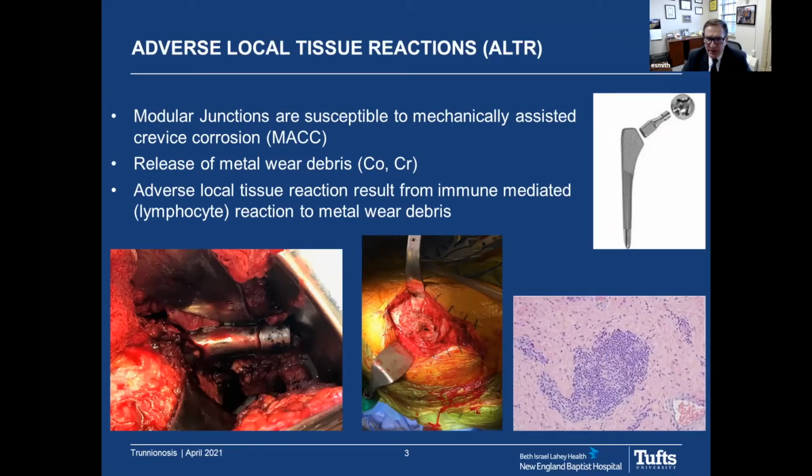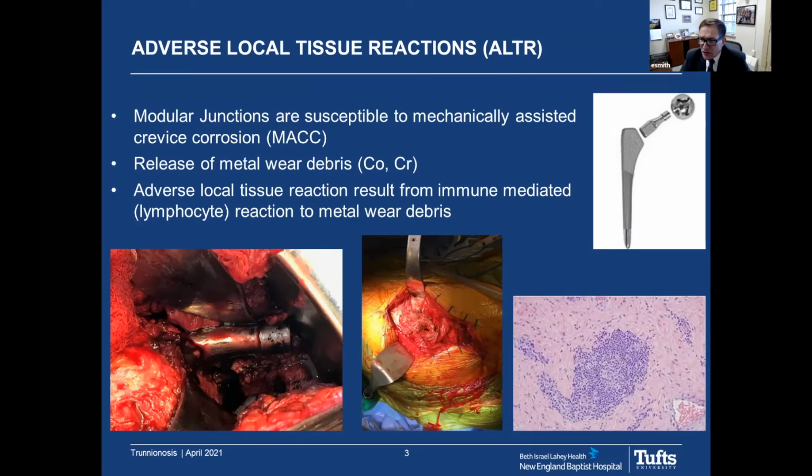They occur because modular junctions in modern hip replacements are susceptible to movement and corrosion at these areas. And this is described specifically as mechanically assisted crevice corrosion, or MAC.